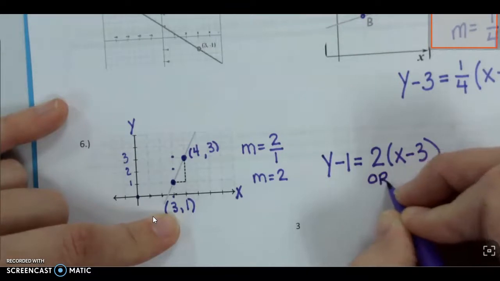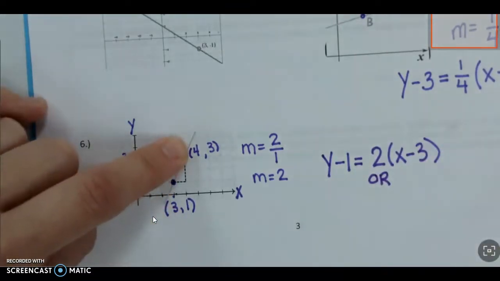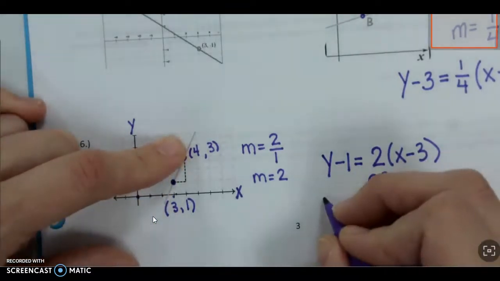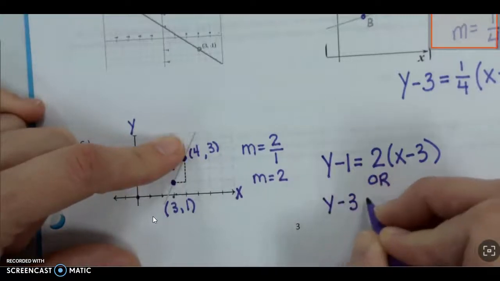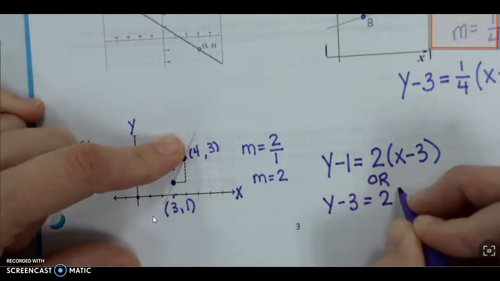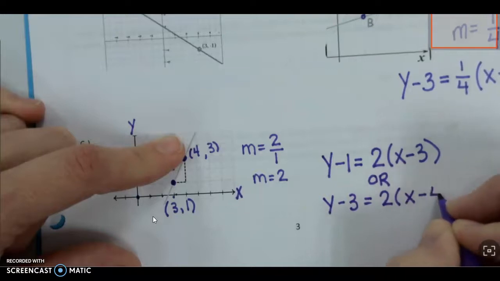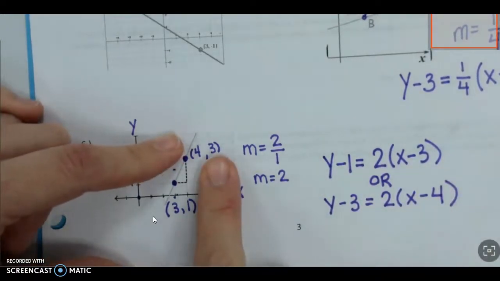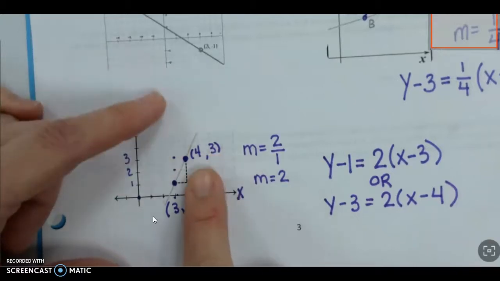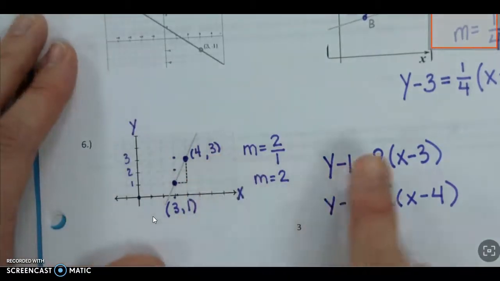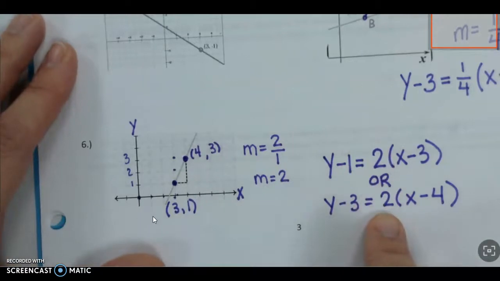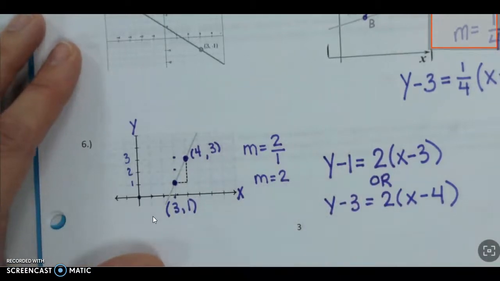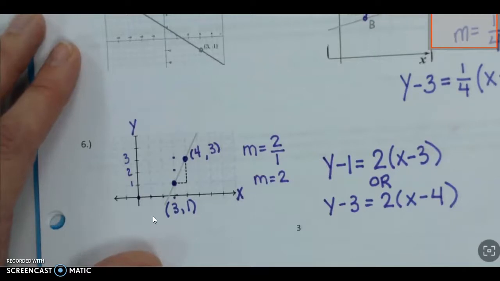Or if you chose this as the coordinate you wanted to use for your equation, your equation would be y minus 3 equals, our slope is still 2, and then x minus 4. This is the downfall of point-slope form, is that there's multiple correct equations, versus in slope-intercept form, there's only one answer.